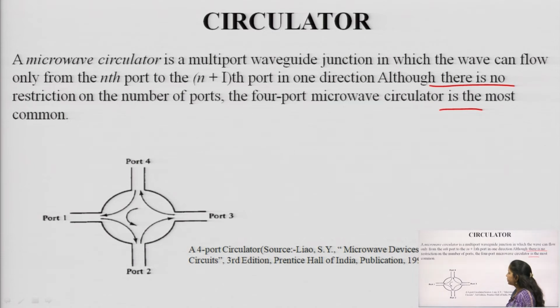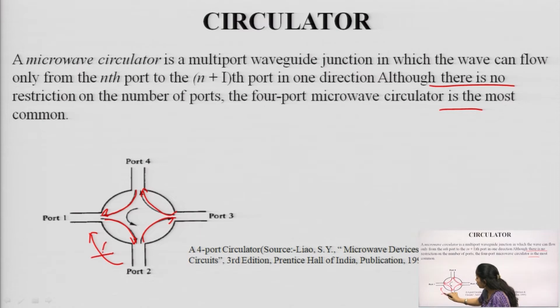So, what is going to happen in this case? Signal flows in one direction, that is from 4 to 1, 1 to 2, 2 to 3 and from 3 to 4. But when we want the signal to flow from 2 to 1, it is not possible.